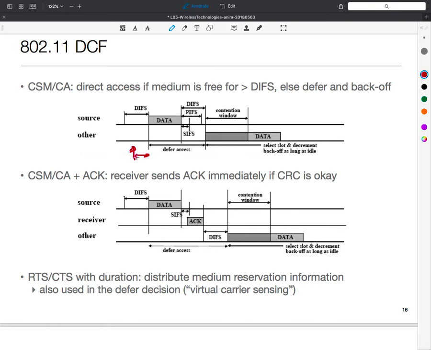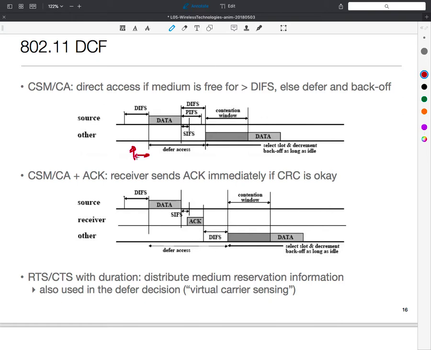So the idea is that if someone was waiting, it will see the ACK also because SIFS is shorter than DIFS. This requires that the receiver honor this time constraint, which goes back to why deadlines tend to be important. So at this level, there is a certain response that is required.